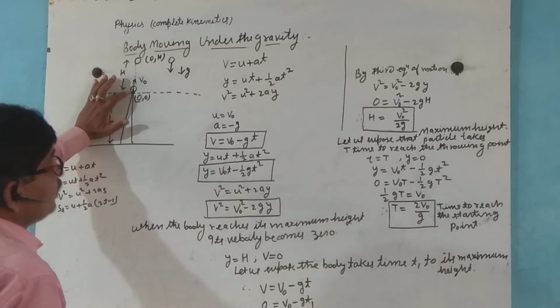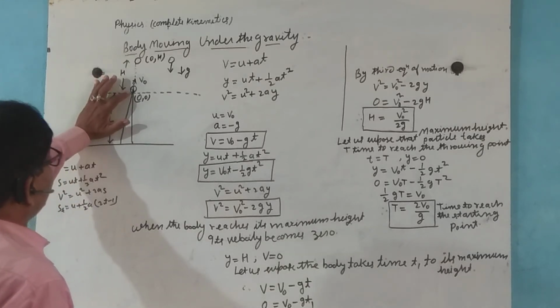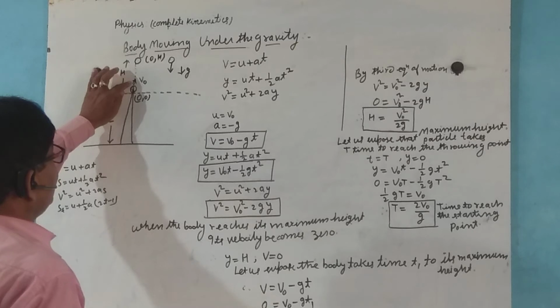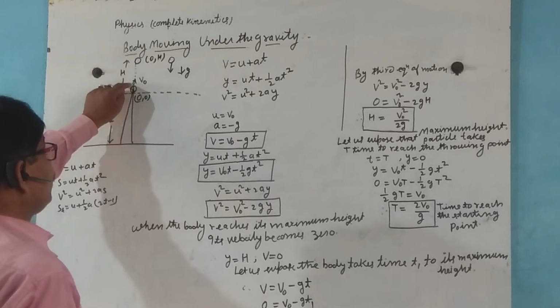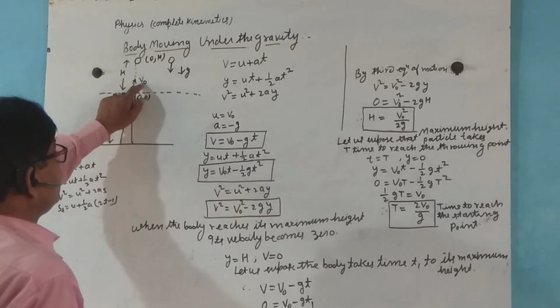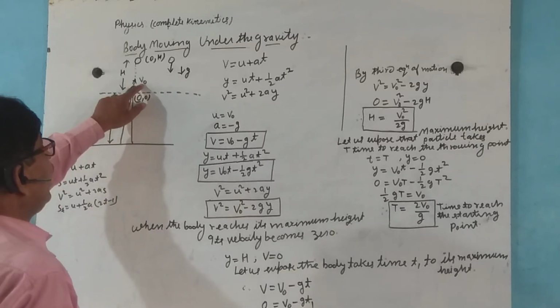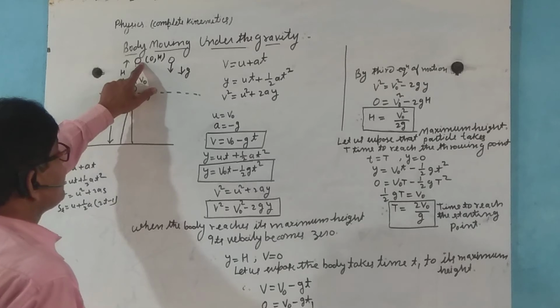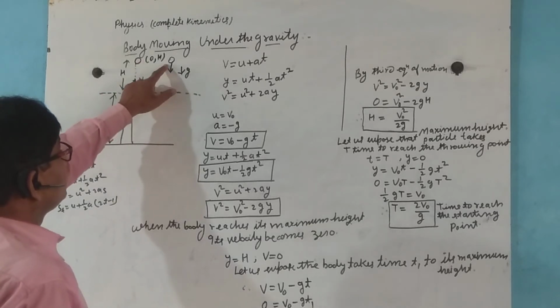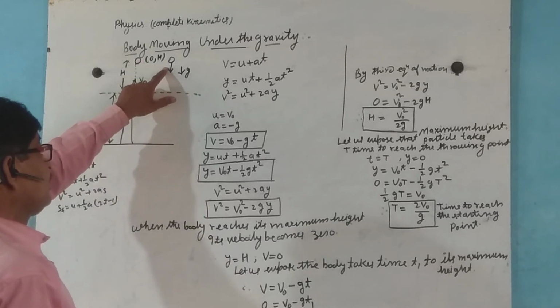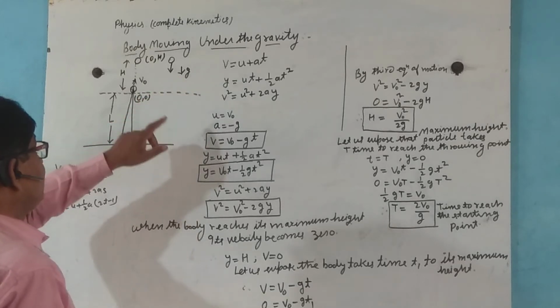Taking this as the origin, the initial velocity, with the body thrown in the upward direction, is denoted by V0 instead of U, and it comes to the maximum height h, with acceleration due to gravity in the downward direction.